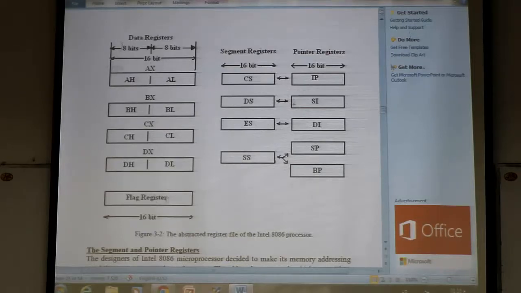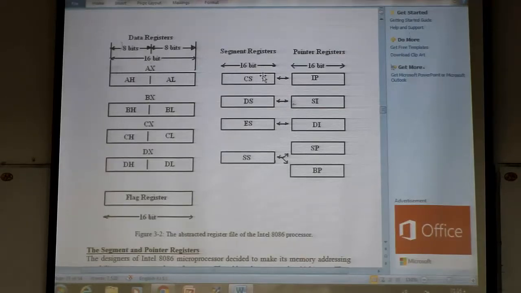And so on. Now, let's go to segment registers. Basically, we have 4 types of segments: the code segment, the data segment, the extra segment, and the stack segment. What is the origin of these segments?